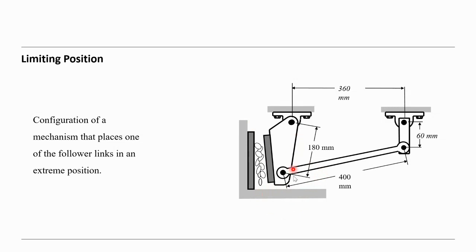So in which position could the follower arrive? And what is the limit position? Of course, we can say the limit position is this one. This is the limit position because this is fixed here.